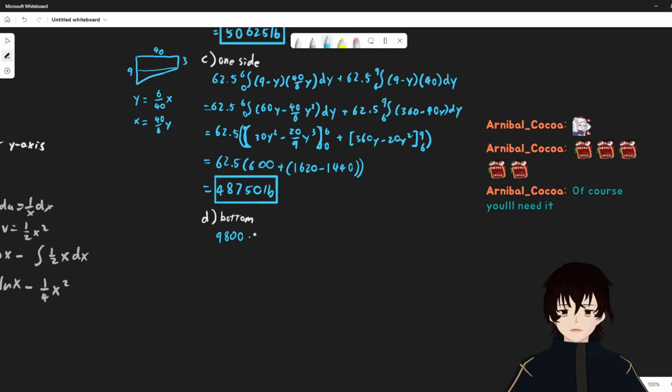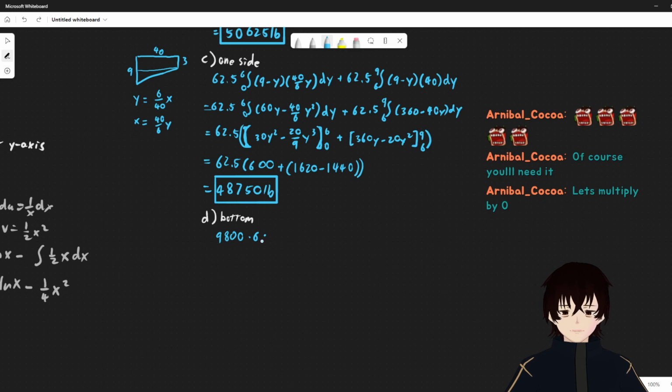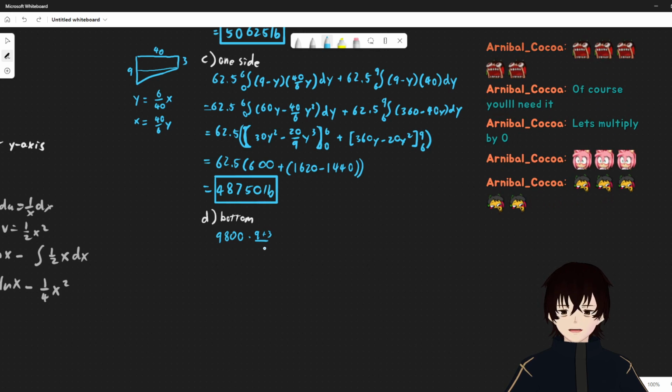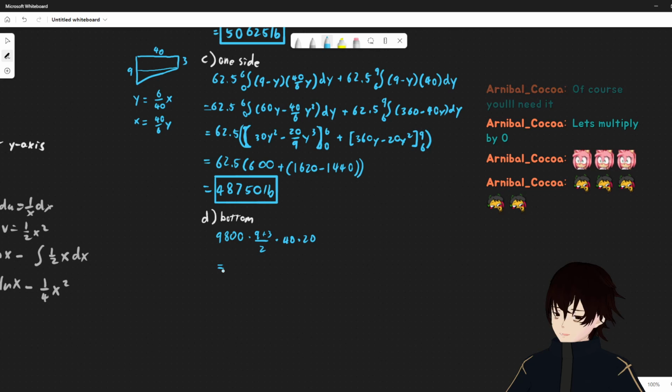So we're going to multiply by 6. That's 9 plus 3 over 2. I'm going to actually write it as that. I wish I could multiply by 0 and call it an answer. Times 40 times 20. Equal to. By the way, if I have to actually write down units for this, I am screwed.